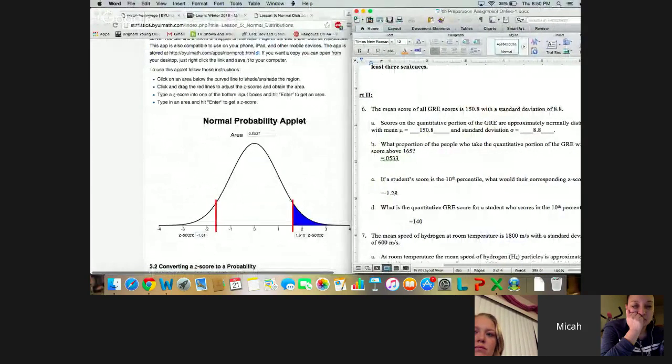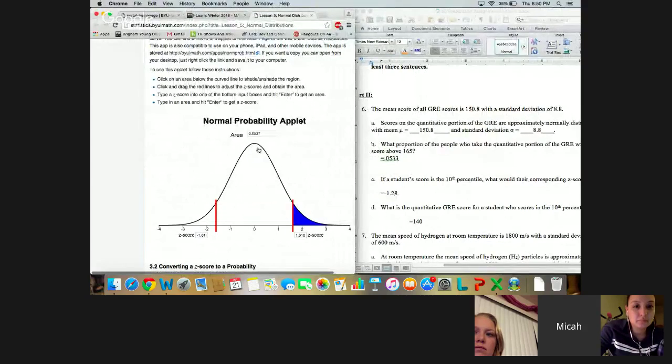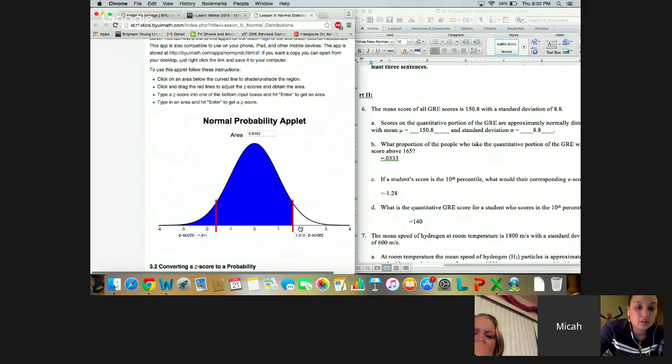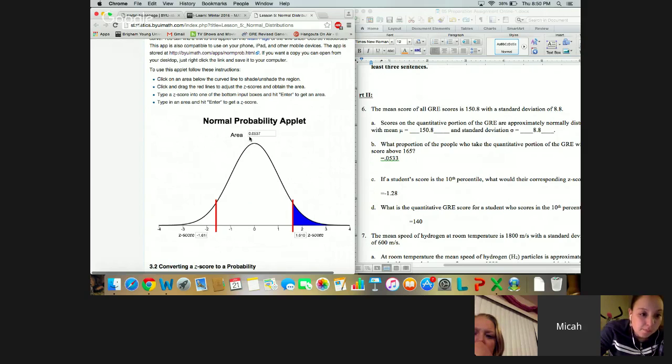See, it wants to know how many score above 165, so this is the line for 165. That's what your z-score was. Then you can click it here and unclick it. If you wanted to know how many would score below 165, you would highlight everything over here. But it says who will score above 165, so you just click here and that gives you the proportion.